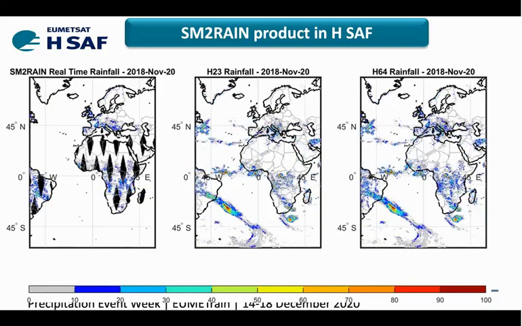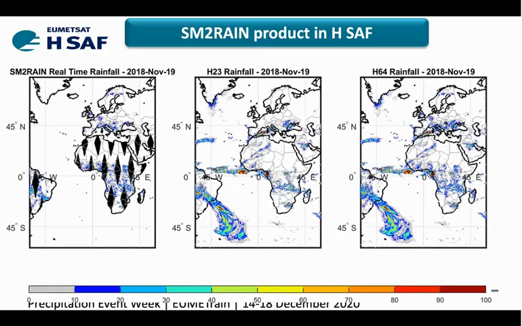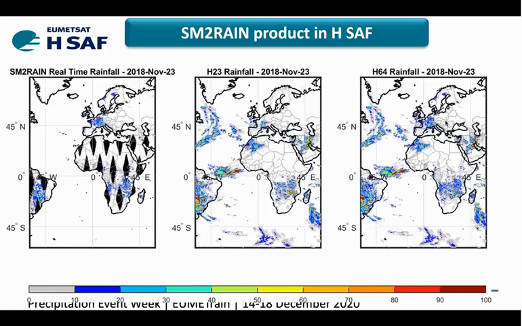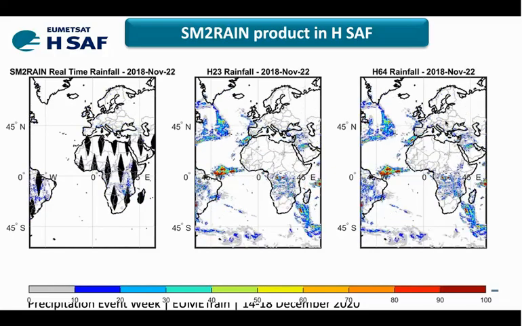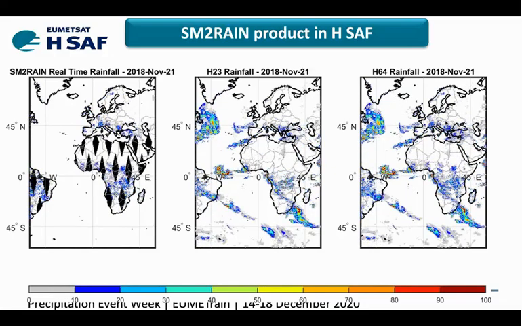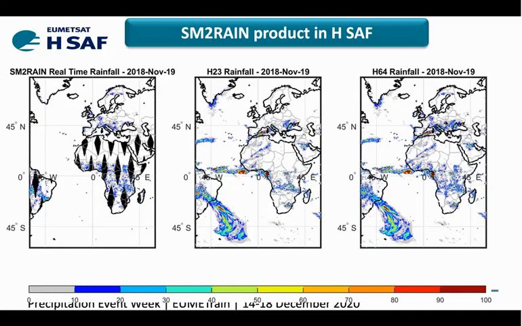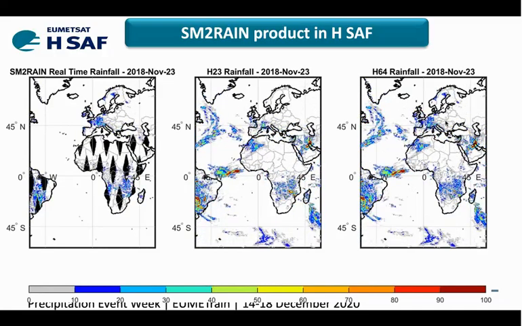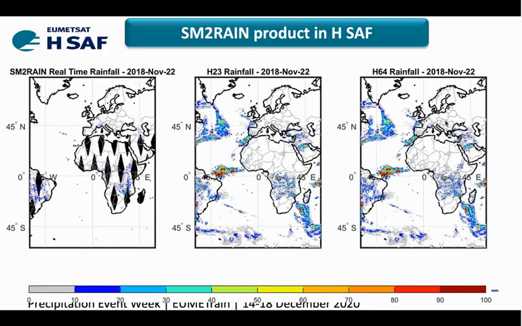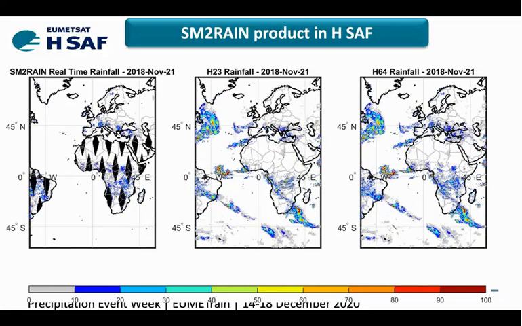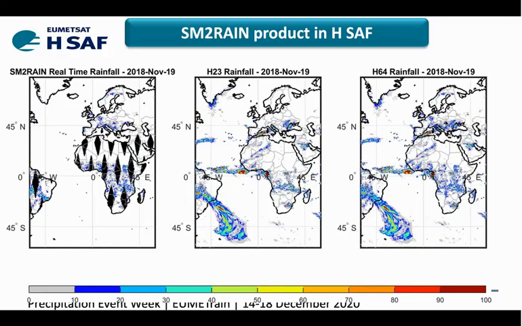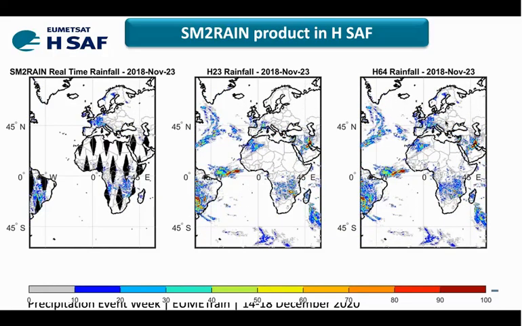This product uses ASCAT data and correlates the surface soil moisture with the daily cumulative precipitation. You can see an example of this product on your left, and you can see that we have precipitation only over land because it is derived from surface soil moisture information and its correlation with the cumulative precipitation.